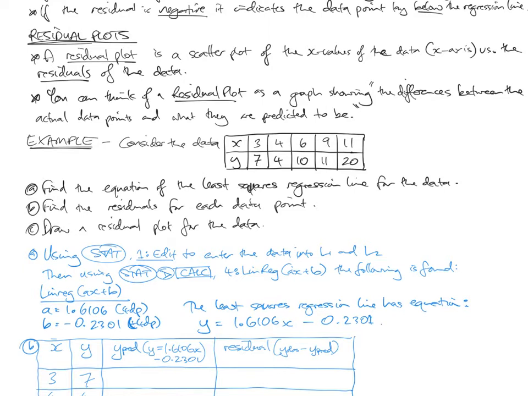So you're going to use the same x numbers for the data, but instead of the y data, you're going to plot the residuals, the differences in the y compared to the predicted line. Basically, you can think of a residual plot as just a graph that shows the difference between the actual data point and what the data point is predicted to be according to the least squares regression line.